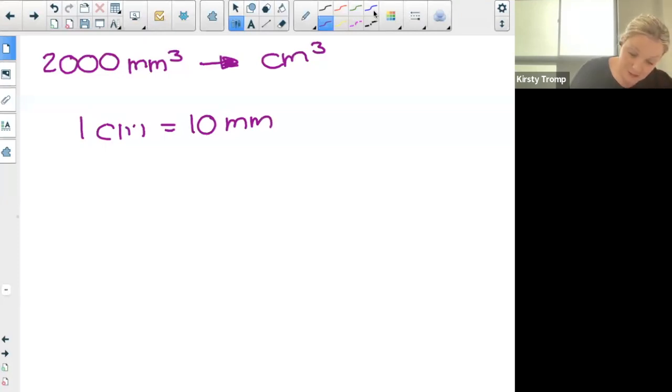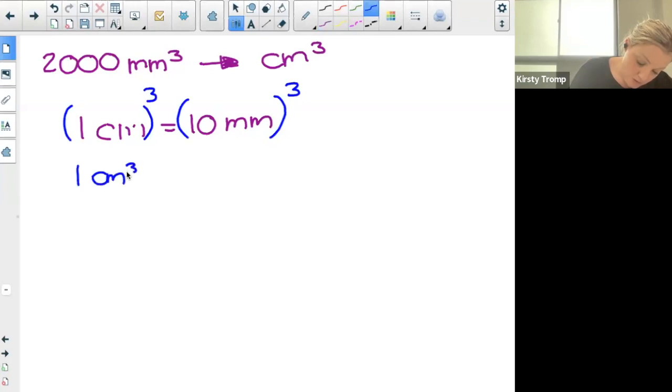Then I cube this side and cube this side. So 1 centimeter cubed equals 10 times 10 times 10, which gives me 1,000 millimeters cubed.